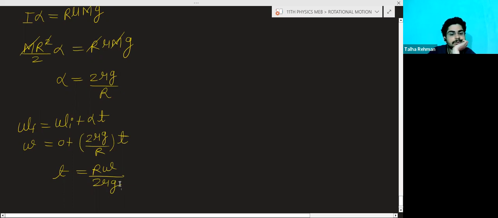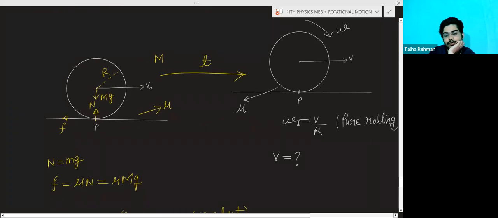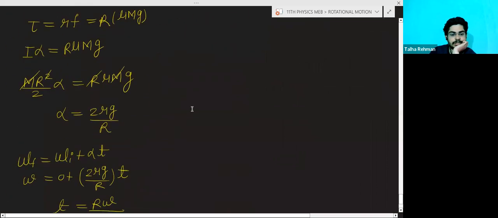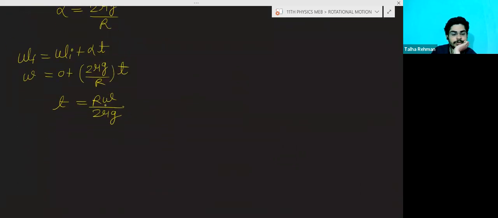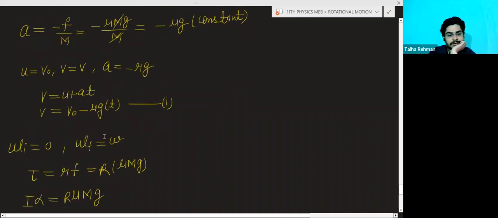Now, what is the value of R omega? V is equal to R omega. So in terms of R omega, you can put V divided by 2 mu G. Now put the value of t in equation number 1.